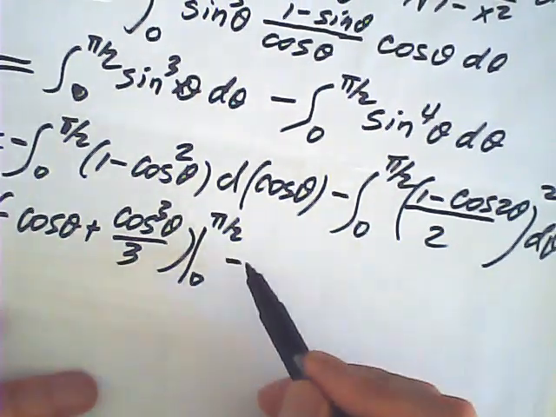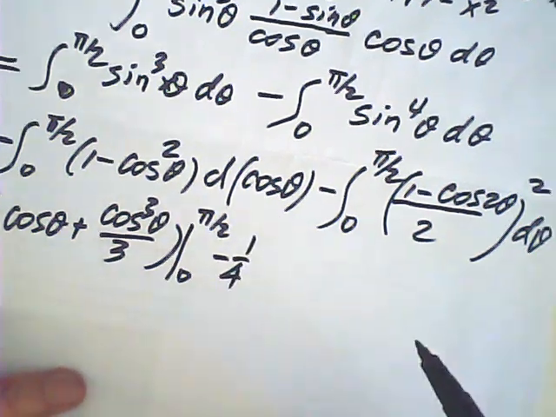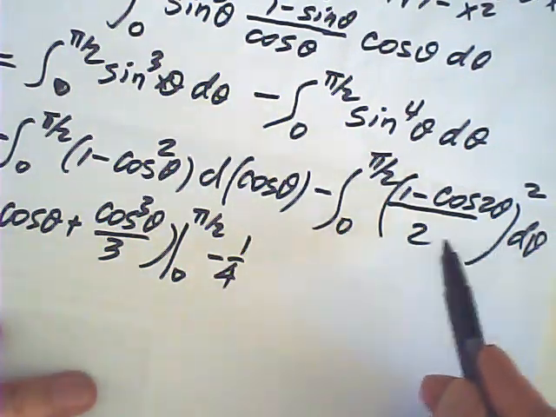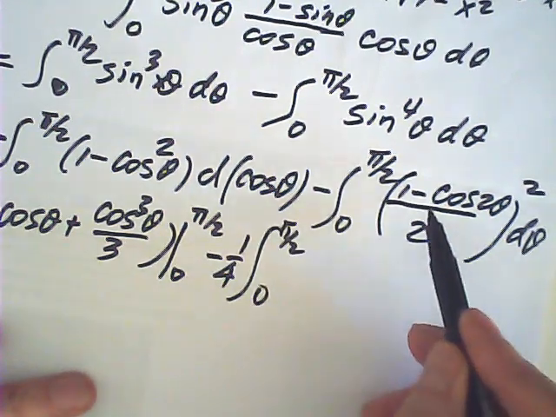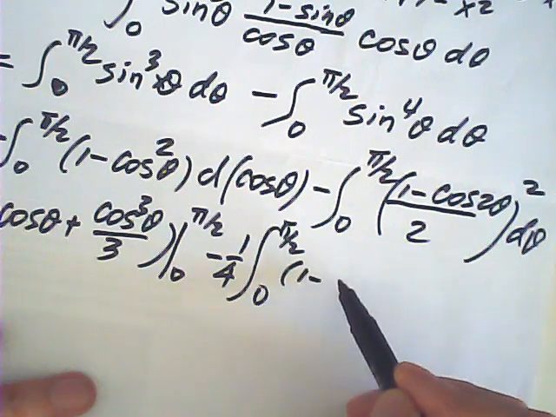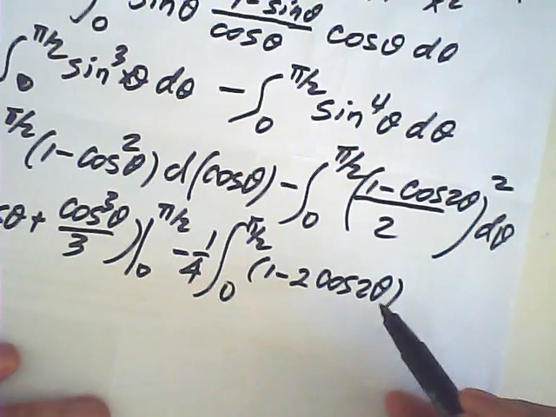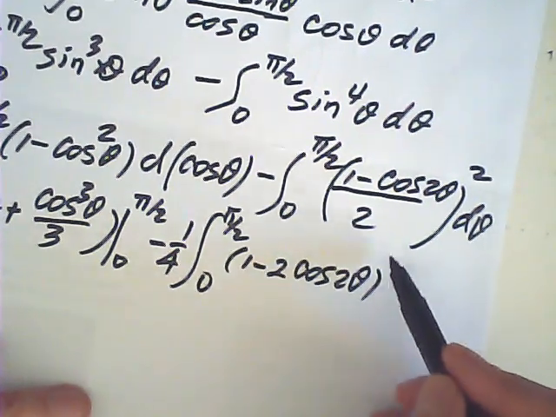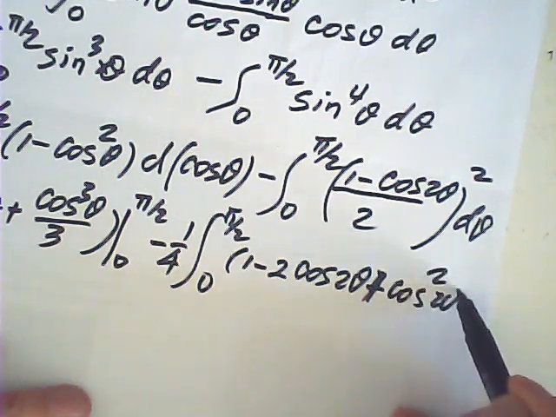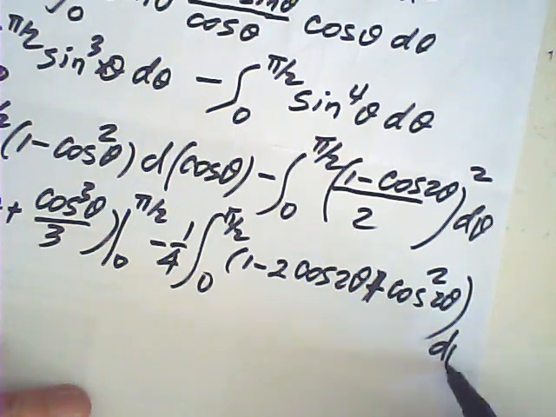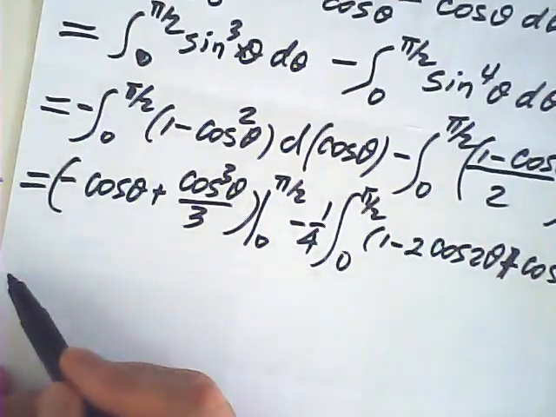For this integral is equal to minus quarter. So minus quarter, right? Integral from 0 to, this will be 1 minus 2 cosine 2 theta plus cosine square 2 theta d theta, right?